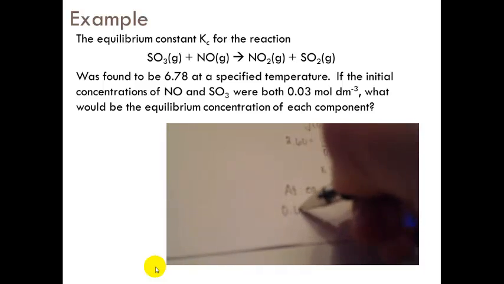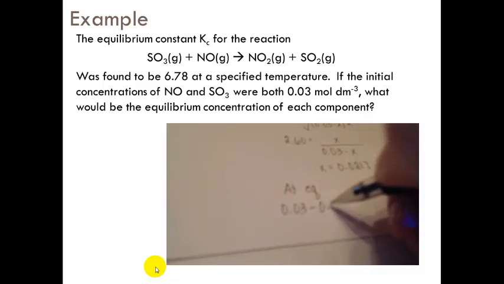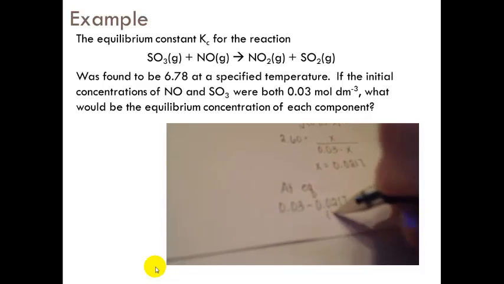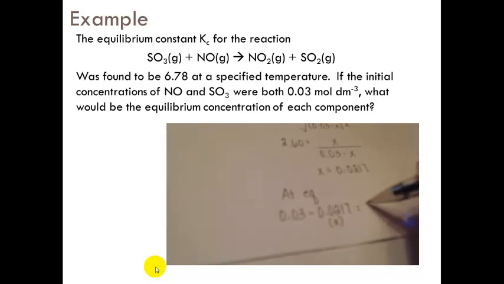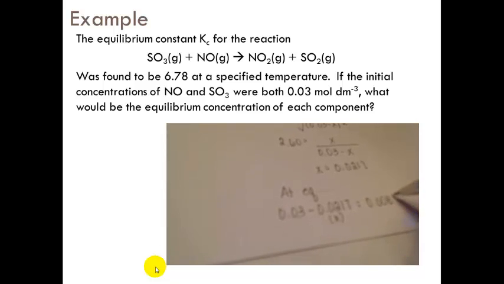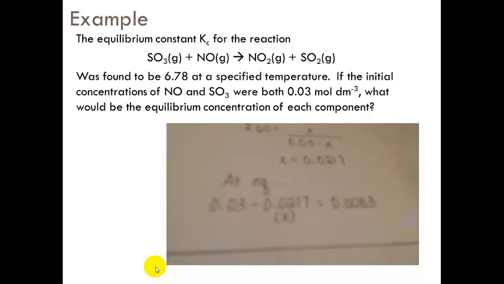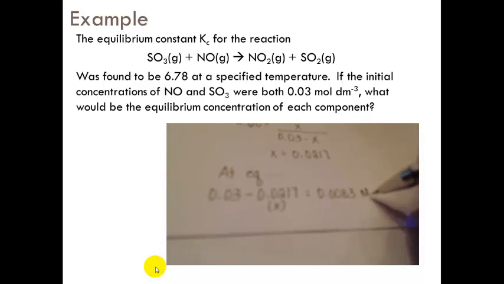But remember, the x is just the change. So at equilibrium, the change in the concentration of reactants was 0.03 minus x. So our new equilibrium concentration of SO3 and NO is going to be 0.0083 molar.